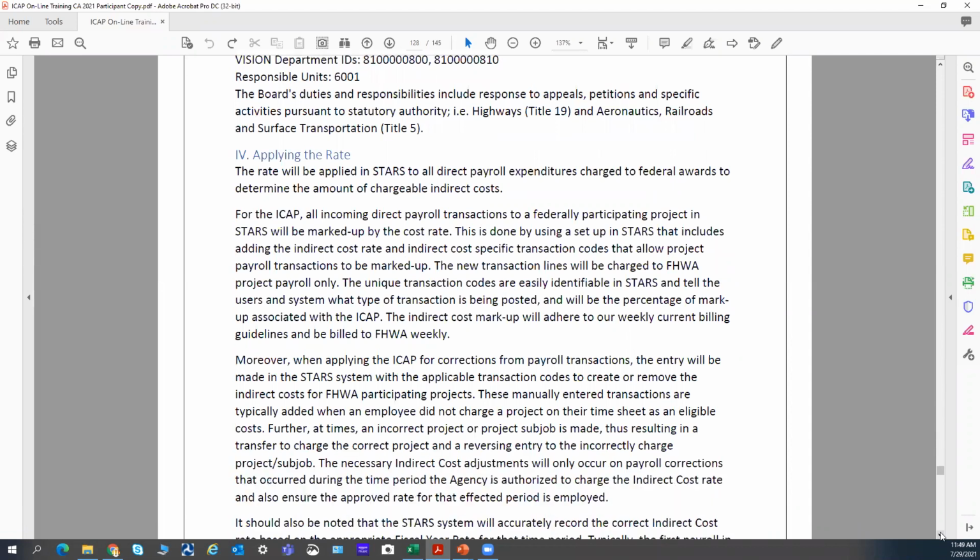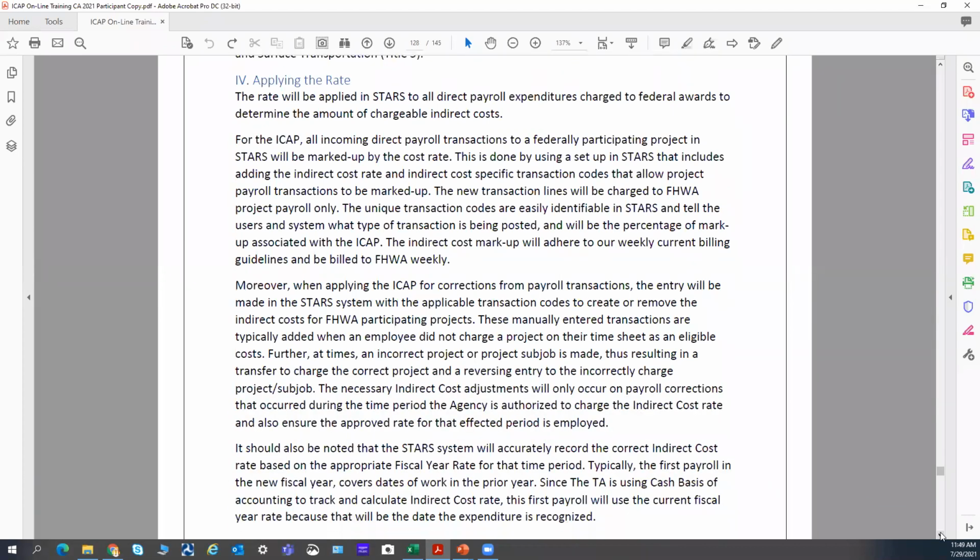Applying the rate, this is important. We've talked about this before. So the rate will be applied in STARS to all direct payroll expenditures charged to the federal awards to determine the amount of the chargeable indirect cost. And then it goes on to just explain what that looks like.